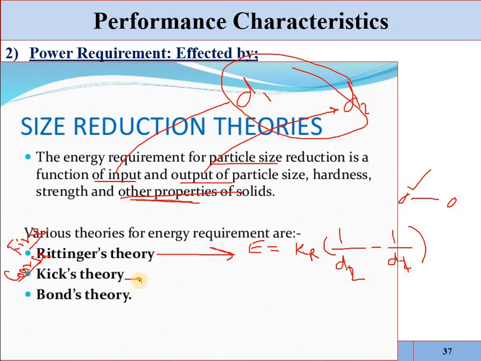It says that the energy required to reduce the size of a particle is proportional to the ratio of the initial size of a typical dimension to the final size of the typical dimension. The energy requirement by this law is equal to a constant, which is called the Kick's constant, times ln of d1 divided by d2.